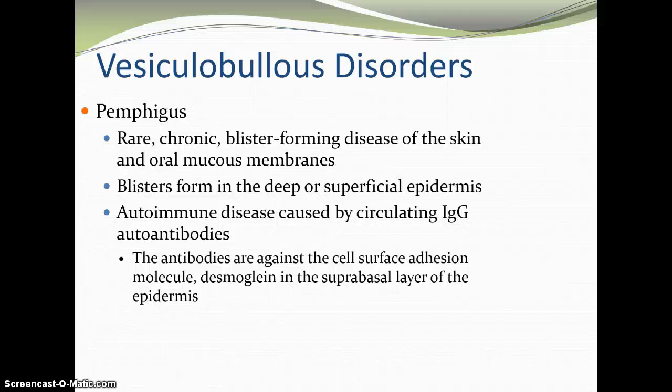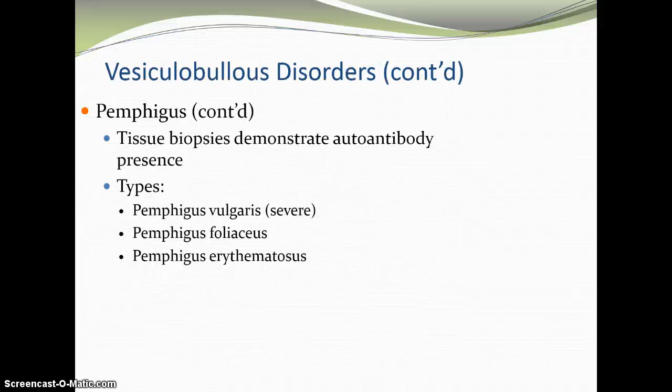It's an autoimmune disease caused by IgG antibodies, and these antibodies are against the cell surface adhesion molecules, the desmoglein in the suprabasal layer of the epidermis. With pemphigus, if we do the tissue biopsy, we will see these IgGs.